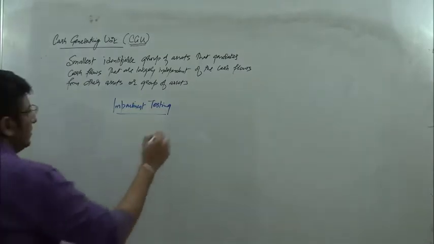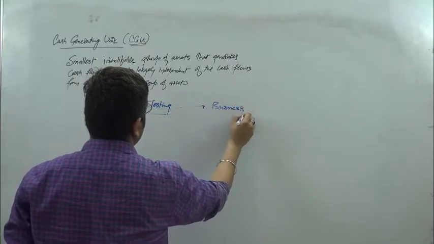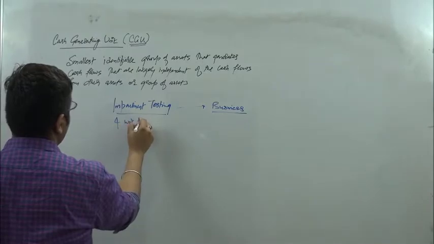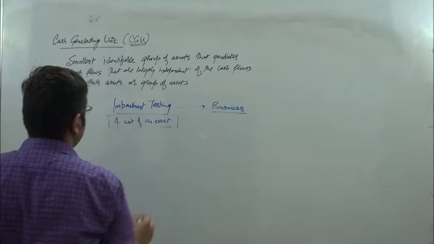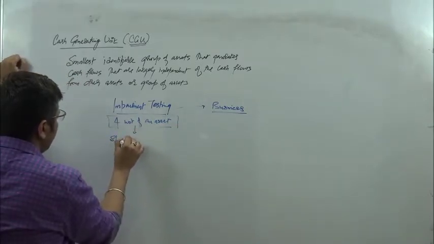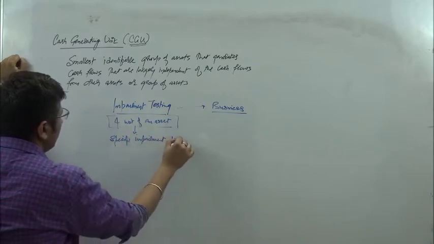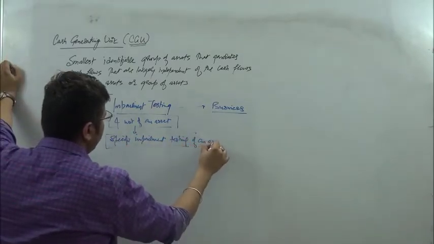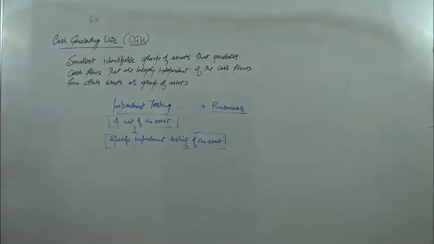This is different from, so we are saying here we are doing the impairment testing of a business and not of an asset. So we are not saying that we want to do a specific impairment testing of an asset, right?